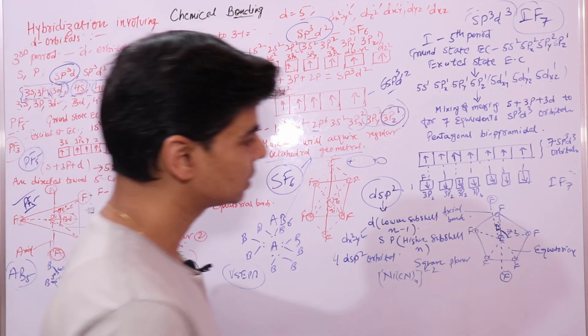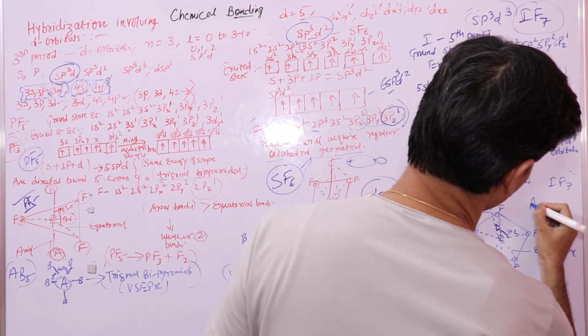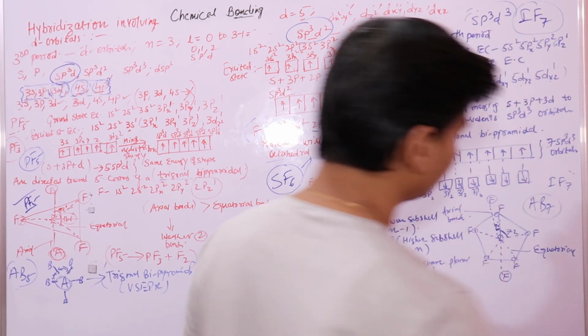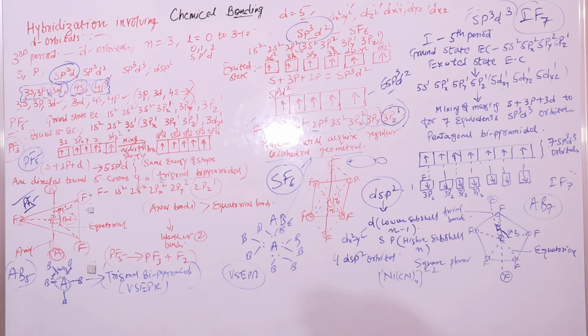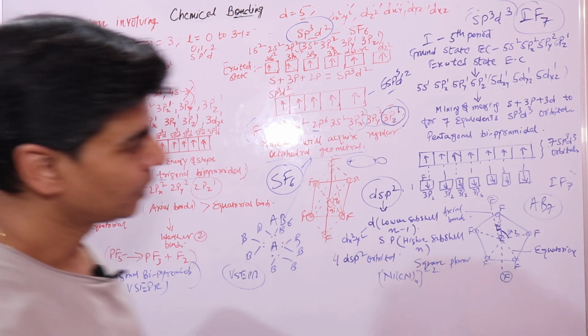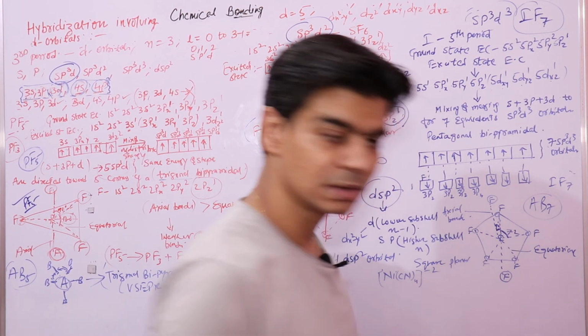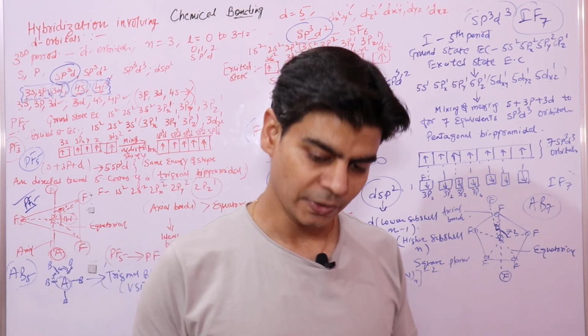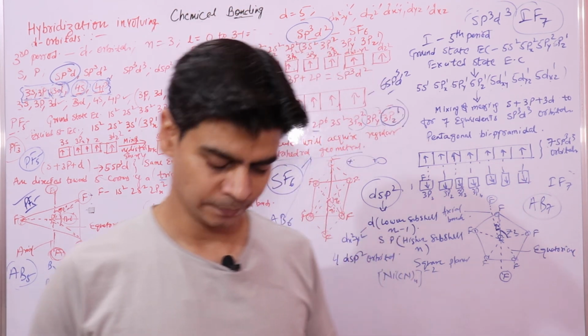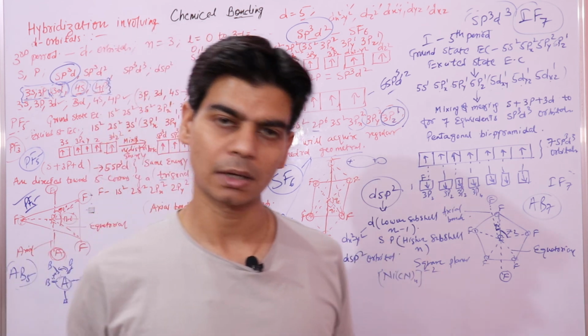Similarly, here the molecule is of the type AB7. We have done this in the beginning. Here A is surrounded by 7 bond pairs. Now these bond pairs will repel one another.